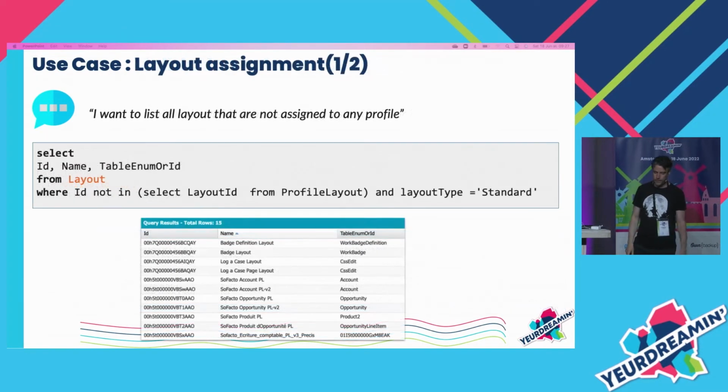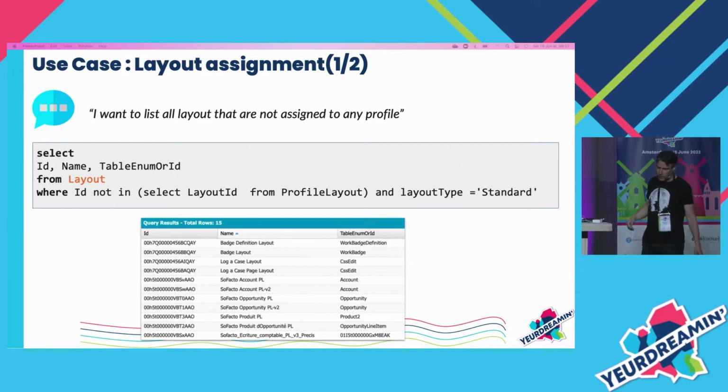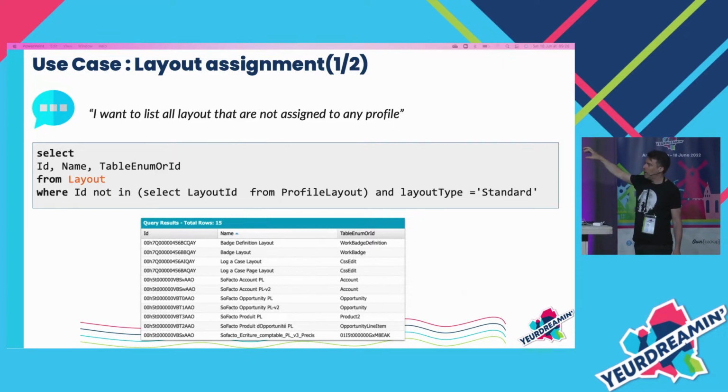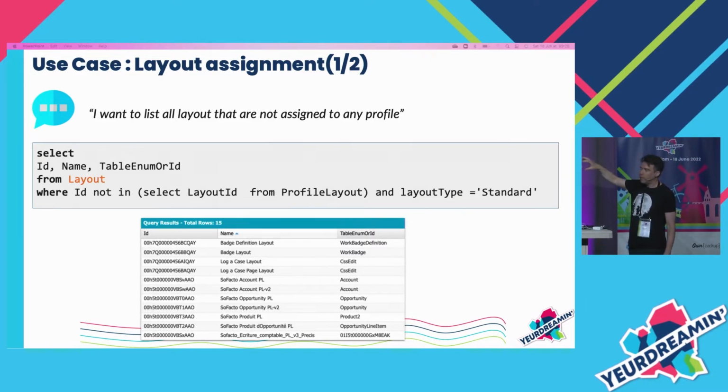So here you have an example of how you can work with layouts. This simple query is able to provide you whichever layout is not used inside your organization, because it's only tracking the layouts that are not assigned to a profile and a record type.